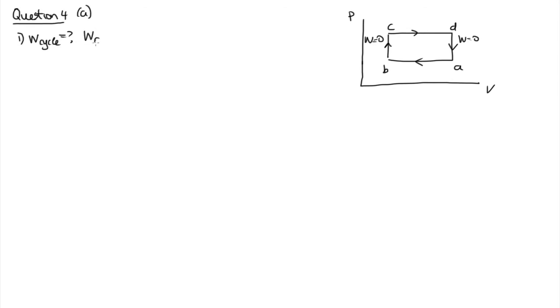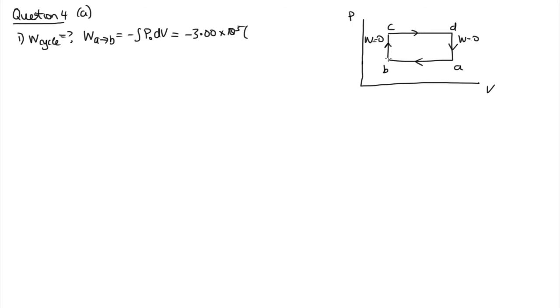So the work done going from A to B is equal to minus the integral of P dot dV. The pressure is constant, and it is equal to 3.00 times 10 to the 5 pascals. And then dV is the change in volume.